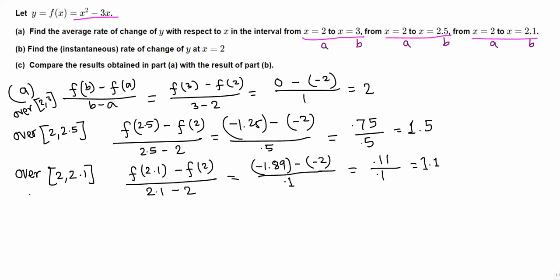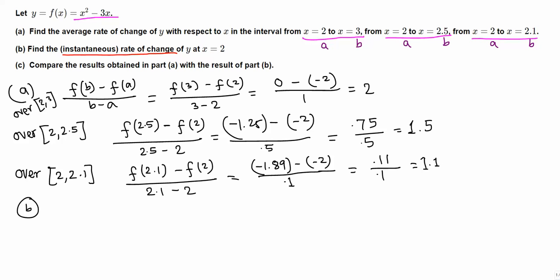Okay, that's part A. In part B, we need to find the instantaneous rate of change of this function at x equals 2. So that's pretty much the derivative of this function using the definition, and later we set x equals 2.